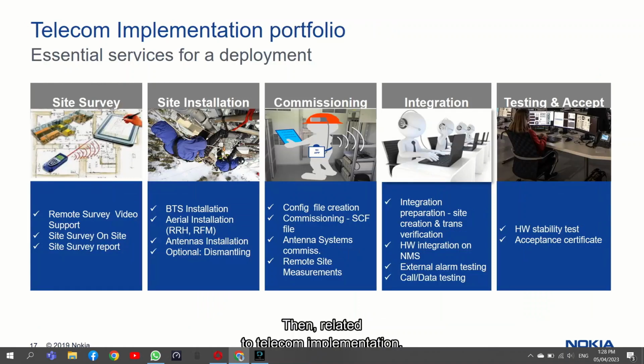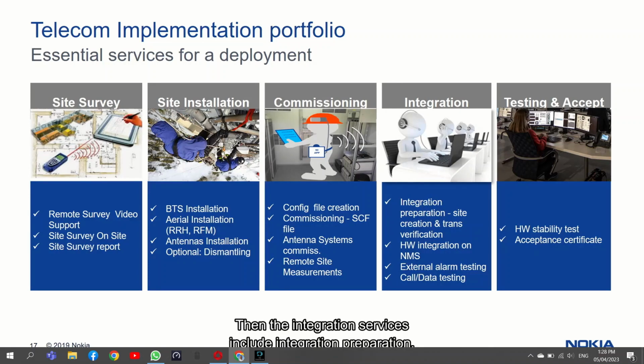Then, related to telecom implementation, we have a site survey, which includes an on-site visit and site survey report, site installation including base station installation, antenna and cabling installation, then commissioning including configuration file creation, commissioning of the base station, and then system commissioning, and so on.